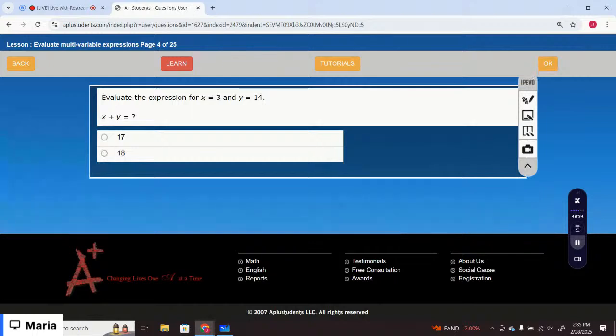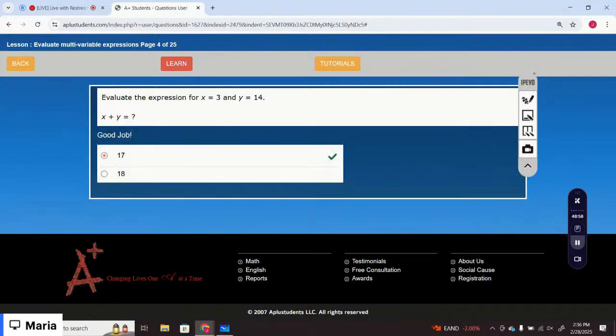Evaluate the expression for x equals 3 and y equals 14. That is 14 plus 3. 14 plus 3 equals 17. Option number 1 is the correct option. 17 it is.